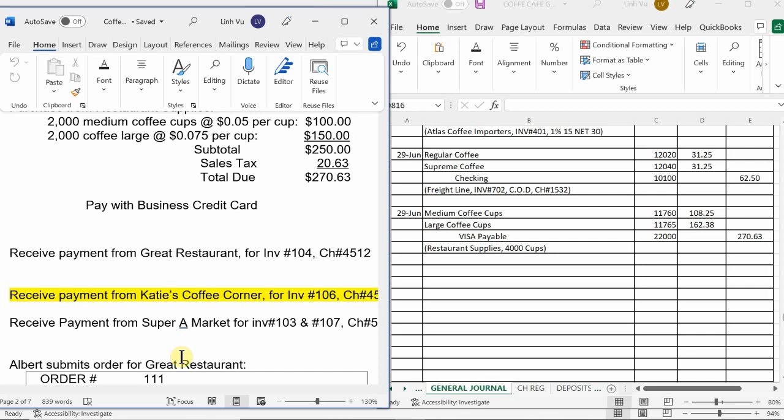So in this case, we received money from Great Restaurant for invoice number 104. Checking and accounts receivable, good.